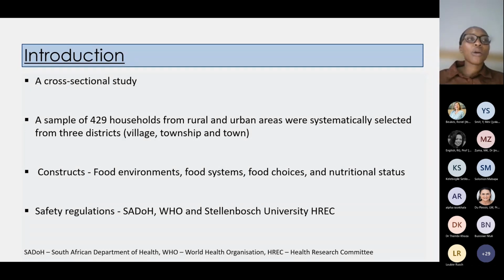And to get a good mixture, these households were from rural and urban areas, and mixing households from villages, townships, as well as towns. And the constructs that were measured are food environments, food systems, food choices, as well as nutritional status.